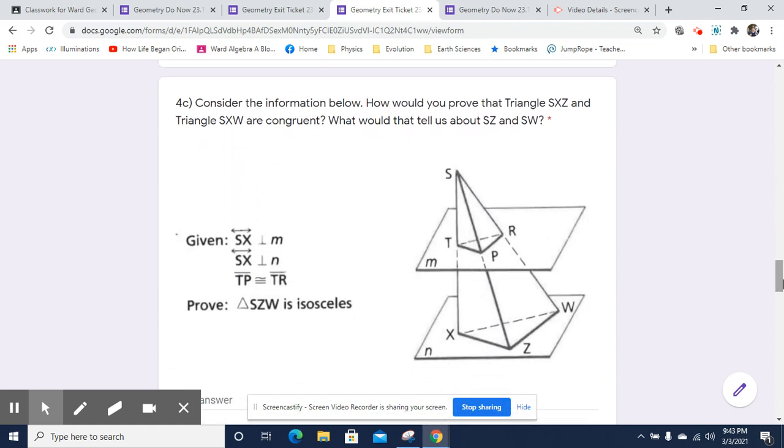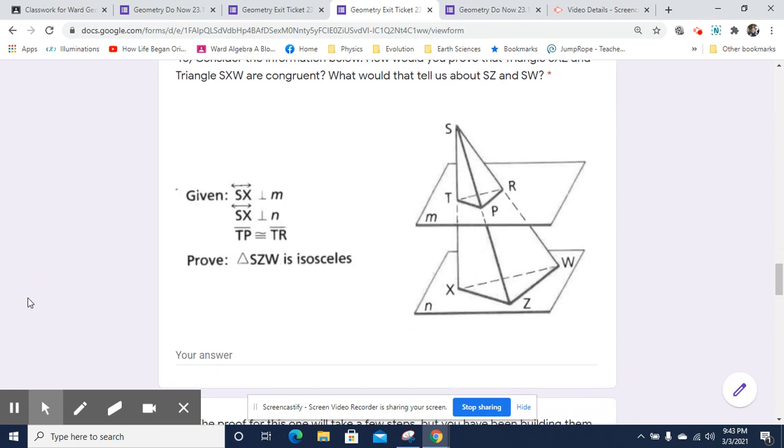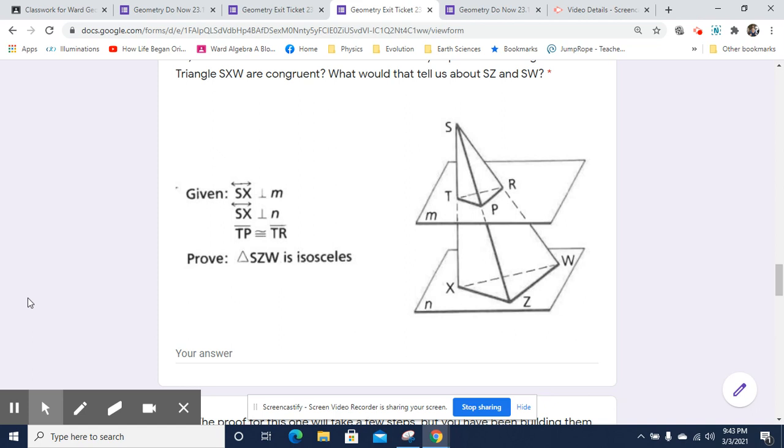All right, now, how would we prove that triangle SXZ and triangle SXW are congruent? And what would that tell us about SZ and SW? Well, it would tell us that they're congruent, because if these big triangles are congruent to each other, then SZ and SW are congruent by corresponding parts of congruent triangles.